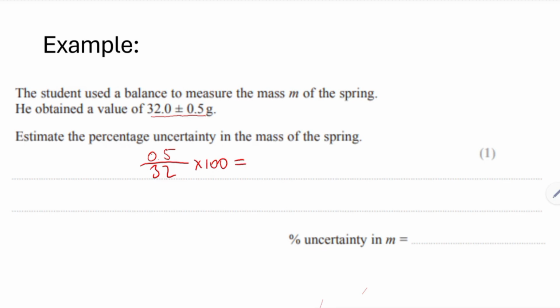So that is 0.5 divided by 32 times 100, which will be 1.5625%, and that's the answer for the first question.